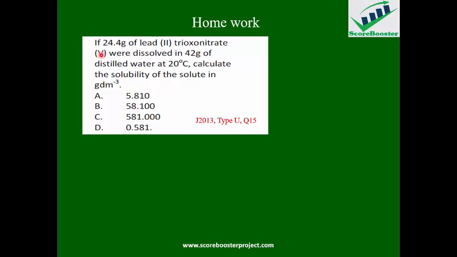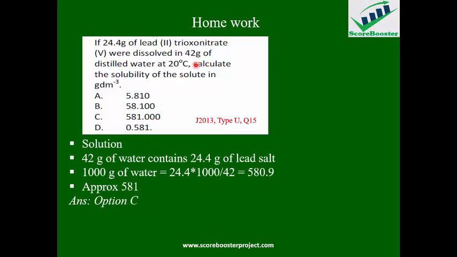So if you have 24.4 grams in 42 ml, how many will you have in 1000 ml? Do the calculation and you're going to get approximately 581 grams in 1 dm cube. That is option C.